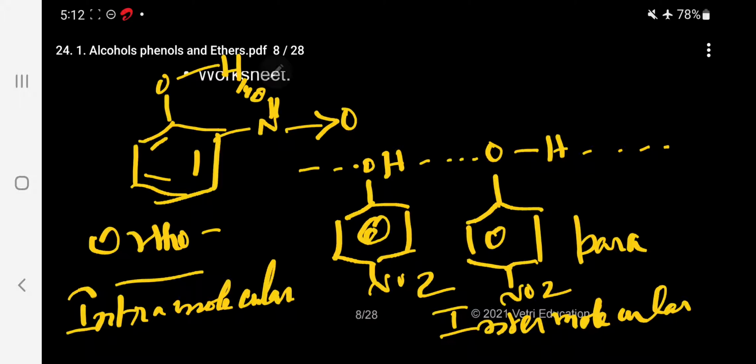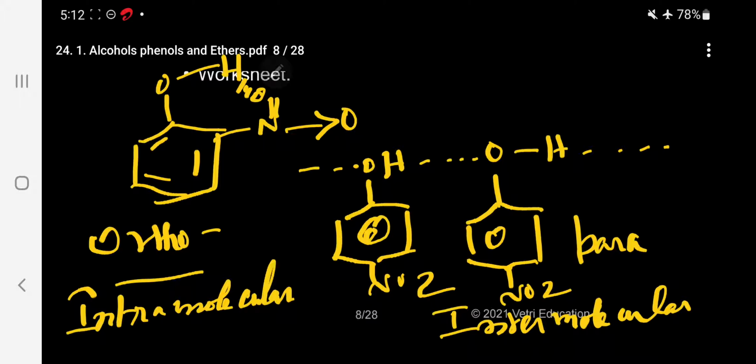Kindly listen, my dear students, this is the most important information. Generally, molecules having intramolecular hydrogen bonding will be highly volatile, low melting and low boiling. Whereas, molecules containing intermolecular hydrogen bonding will have high melting and boiling points.